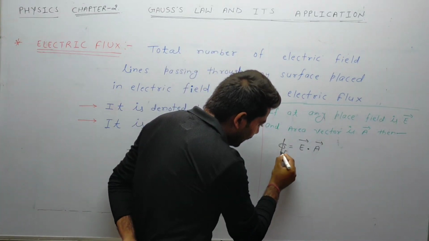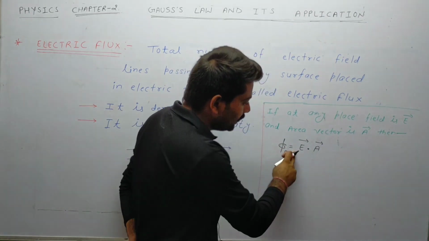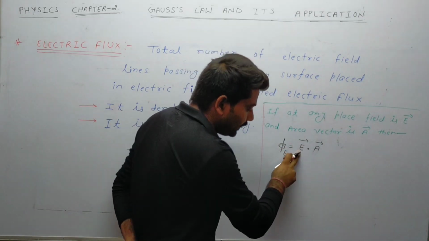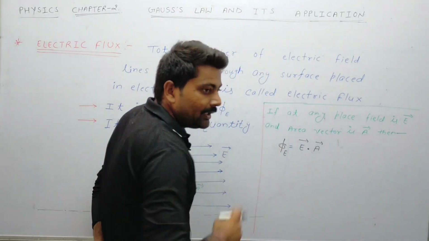Phi E, the electric flux, is equal to the dot product of the electric field and the area vector.